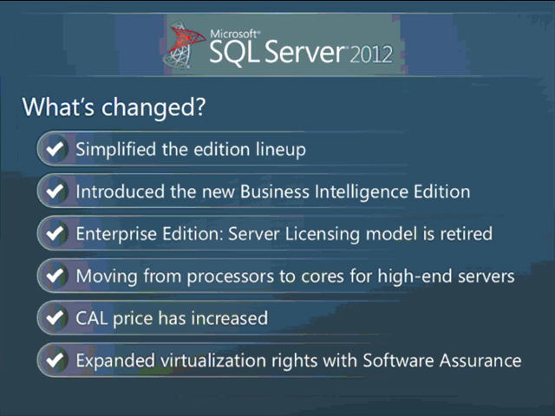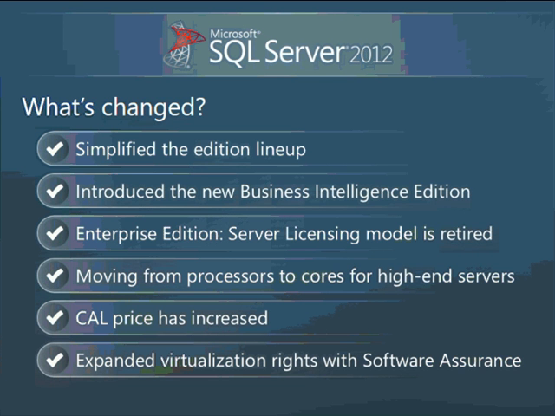So basically, there are these 6 changes that have happened to Microsoft SQL Server licensing. I'll go through details on each one, but just to list them off: the edition lineup has been simplified. There's a new edition of SQL Server. The Enterprise Edition in the Server PAL licensing model has been retired.